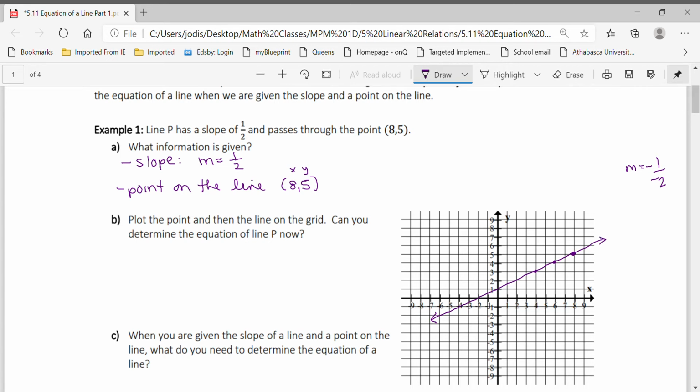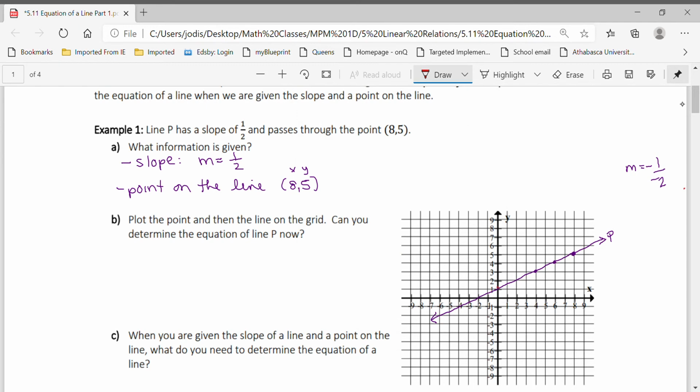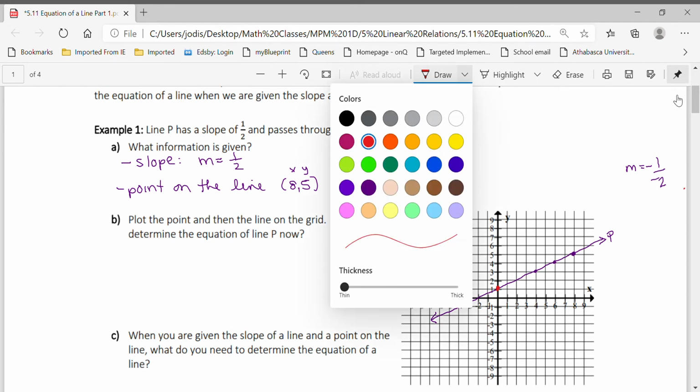Okay. So we've got this line here, and now they want to know if we can determine the equation of line P. Well, we should be able to, because if we take a look, right here, we've got the y-intercept now. It's at 1.